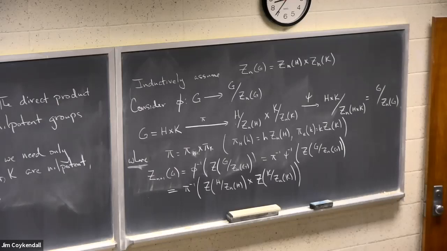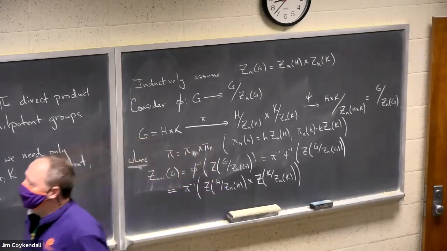This is pi_H inverse and pi_K inverse of the centers. And by definition, this is Z_{n+1} H cross Z_{n+1} K, and that's exactly what we want to show. So the ladder works, and this does what we need to do.